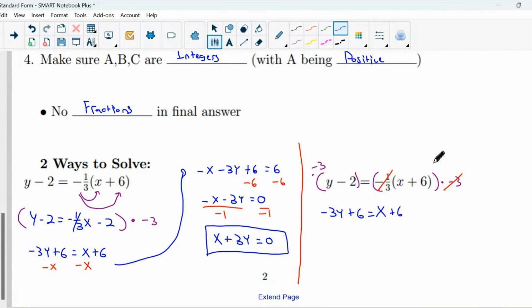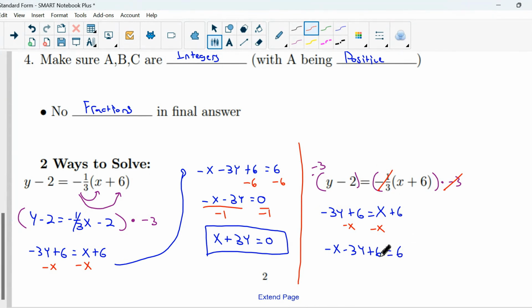From here, all of the steps stay the exact same. Okay, we are going to subtract x to our left side. That gives me negative x minus 3y plus 6 equals 6.